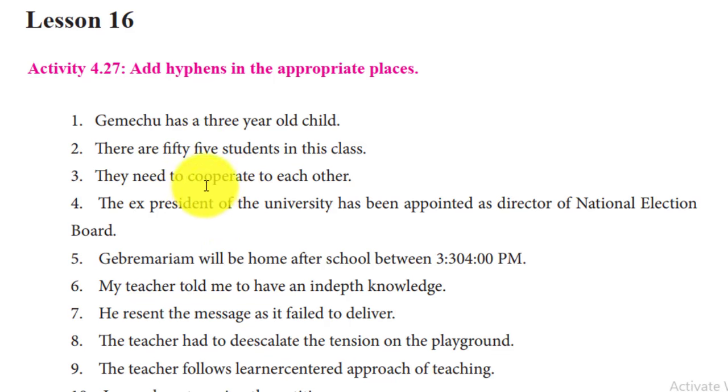Here cooperate has a prefix, so we use a hyphen between the prefix and the root word: co-operate. Number 4: the ex-president of the university has been appointed as director of the national election board. Ex is again a prefix. Number 5: Gebremariam will be home after school between 3:30-4 o'clock p.m.